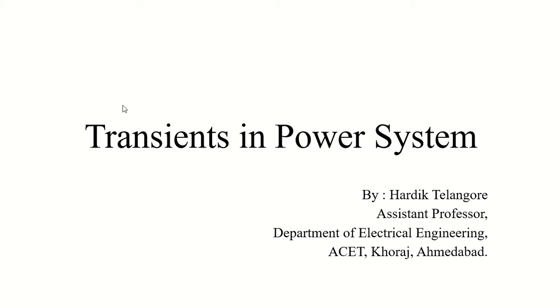In fact, I would like to say that more than 99% of the time my system would be under steady state conditions. But 99% of the problems caused in the power system would be by that 1% condition of transient.